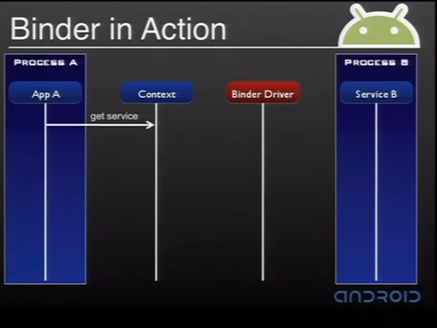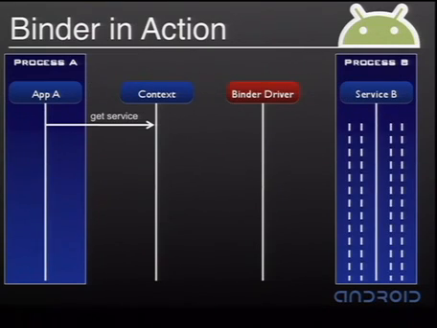But let's introduce the Binder driver, because it's a bit more complicated, and we actually have this service B running in a separate process. And again, the Binder driver spins up multiple threads in each service process, or each binderized process, to handle incoming IPC requests. And this is all transparent to the person building the service.